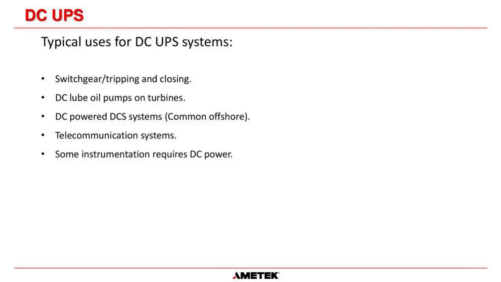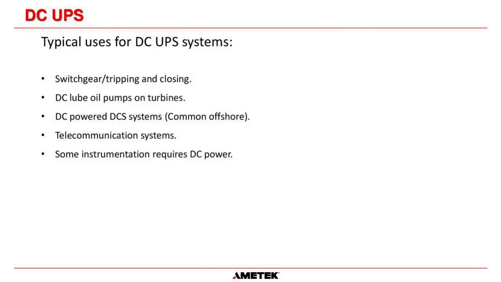And if that pump loses power, then the turbine bearings are going to fail because they're going to overheat, and then the shaft of the turbine is going to be warped, or it could even break, and that would be a huge expense to anybody. So DC lube oil pump batteries are extremely important.